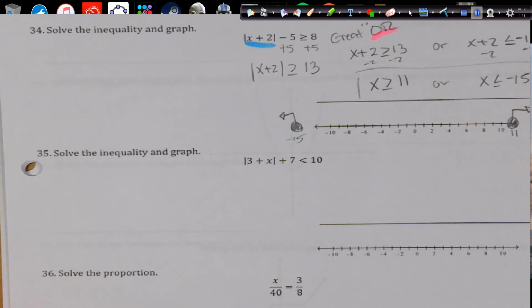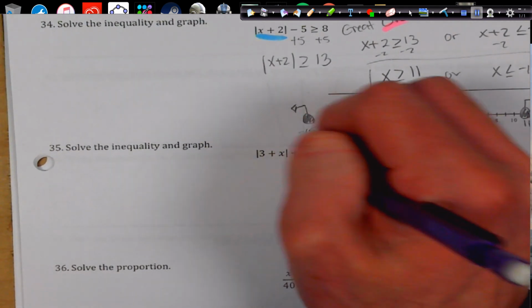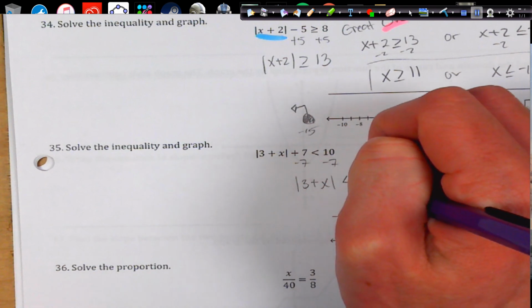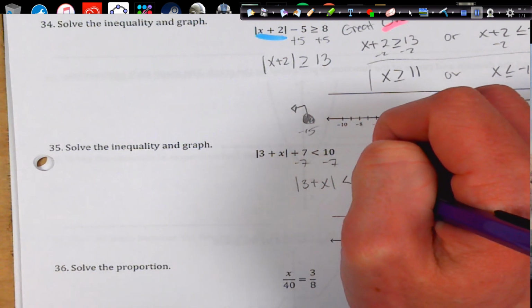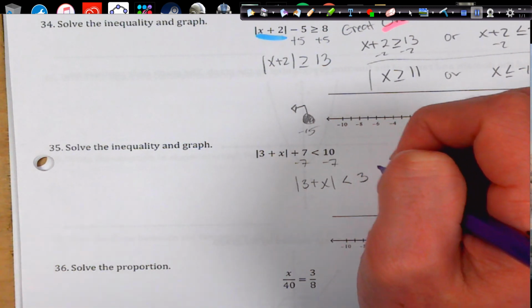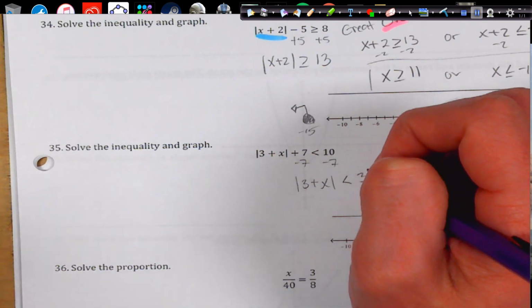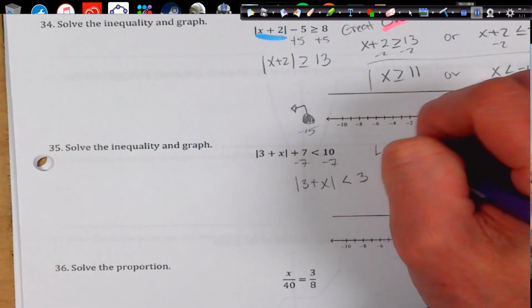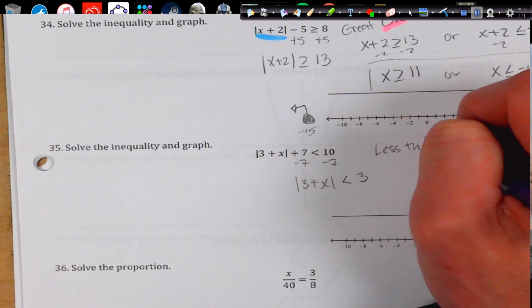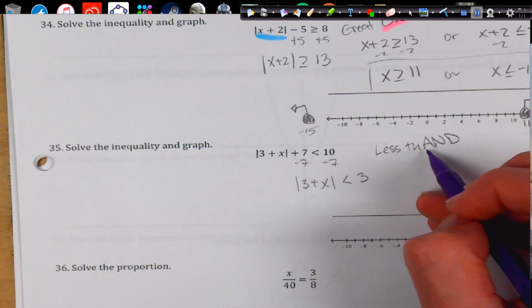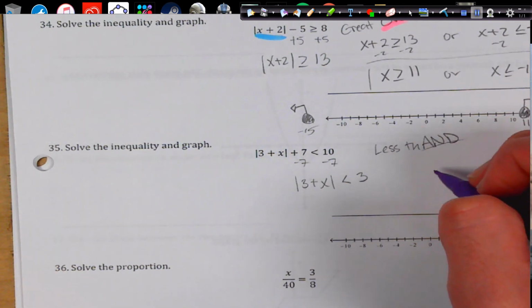Okay, solve the inequality and graph. We're going to subtract 7, and 3 plus x is going to be less than 3. Okay, and let's see here. It is a less than problem. So that is super cool that we can go ahead and turn this into an and problem.